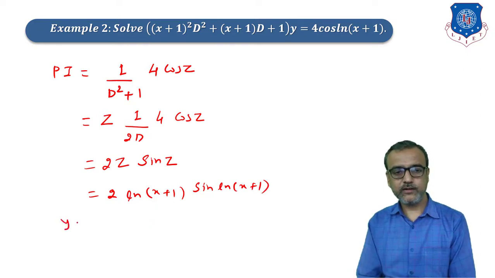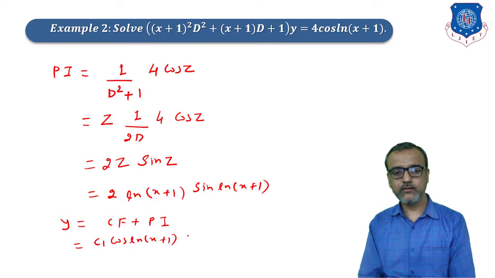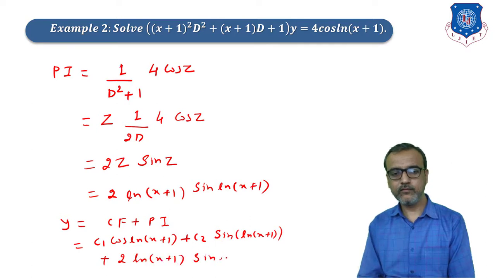Now the general solution is y equals CF plus PI. CF is C1 cos of ln (x plus 1) plus C2 sine of ln (x plus 1), plus PI is 2 ln (x plus 1) into sine of ln (x plus 1).